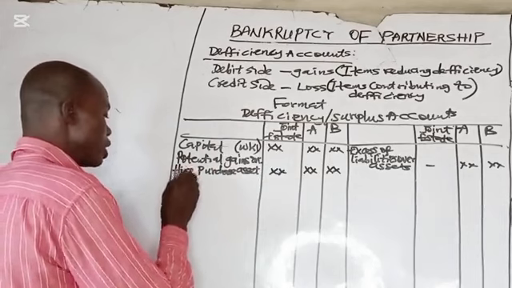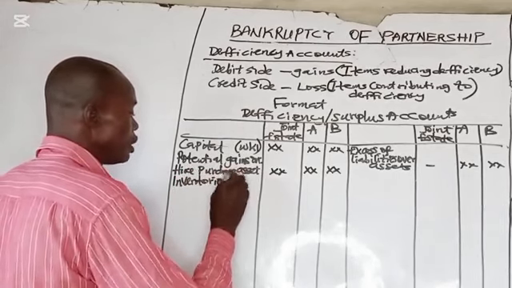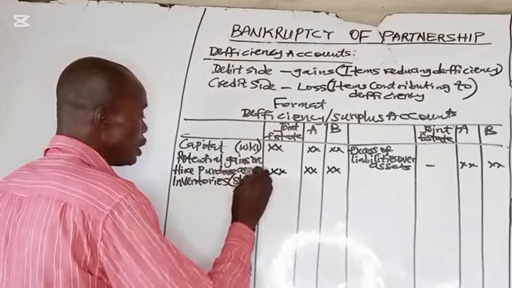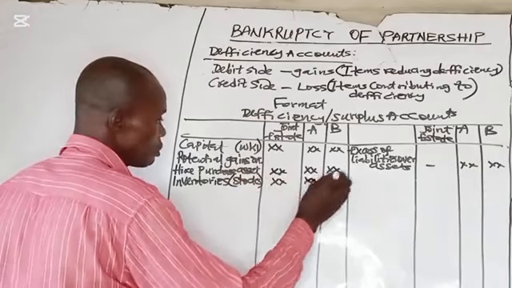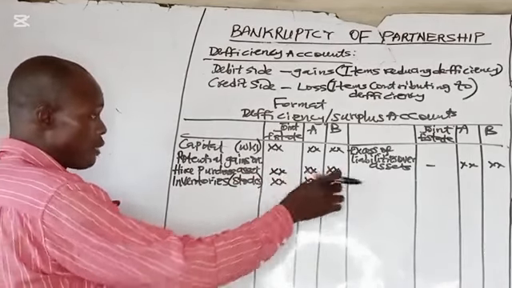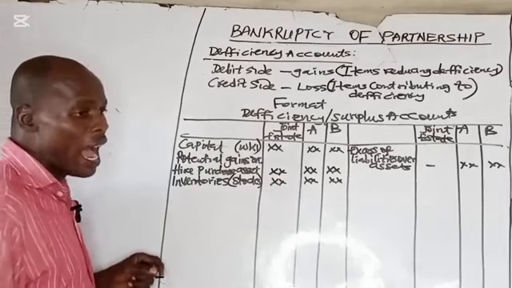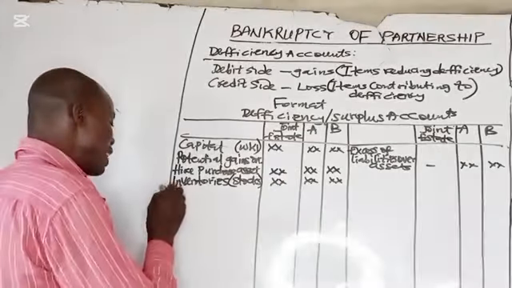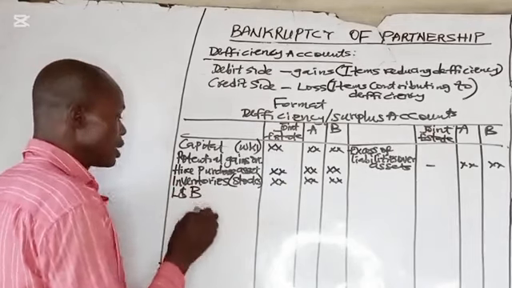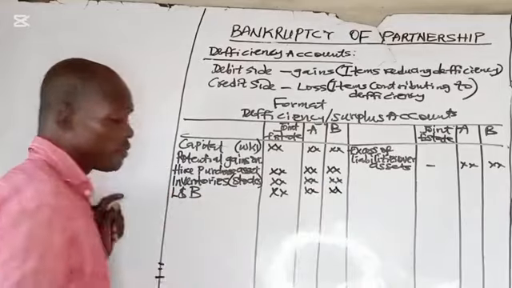Inventories or stocks, where the realizable value is greater than the book value, you have the gains. So you have for the joint estate, then you have for the individual partners, which will be calculated the same way. So where the realizable value of land and building is greater than the book value, then you have gains. So you may have for the individual estate.